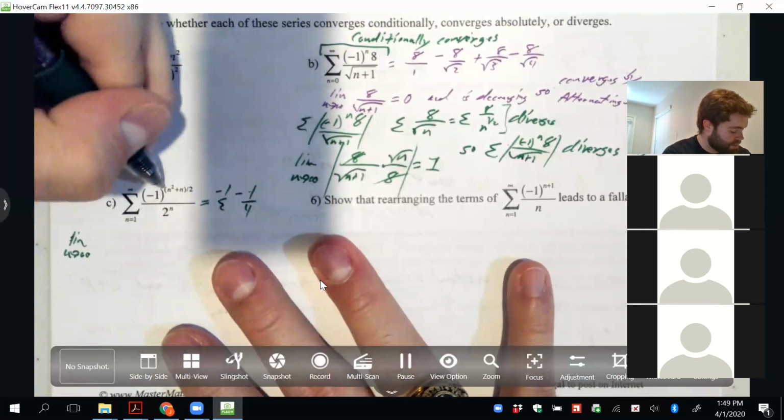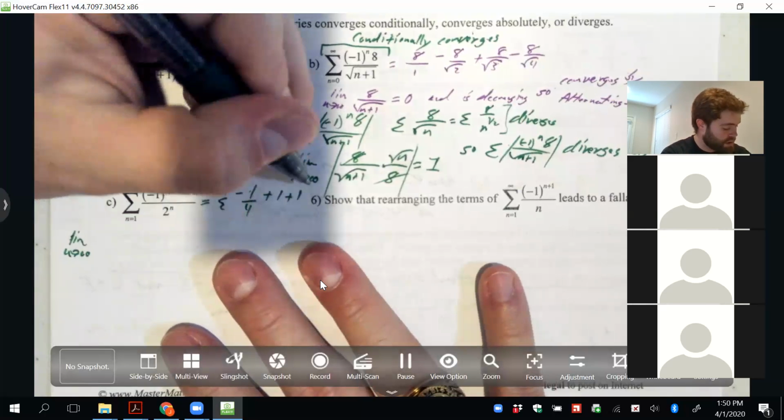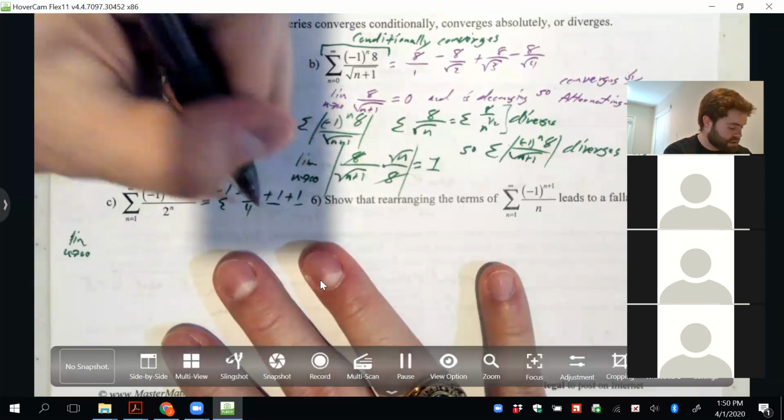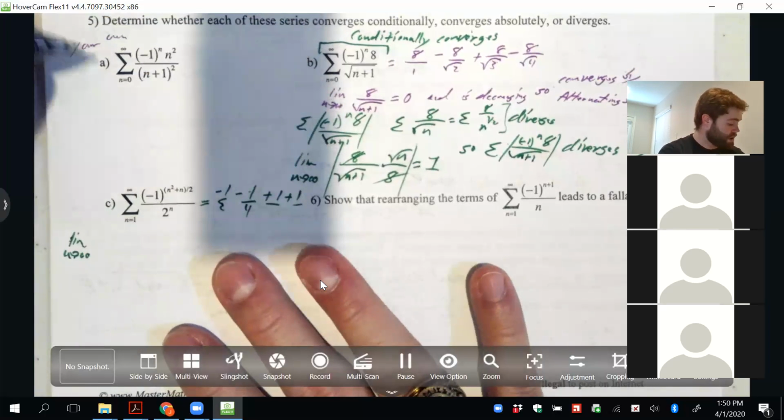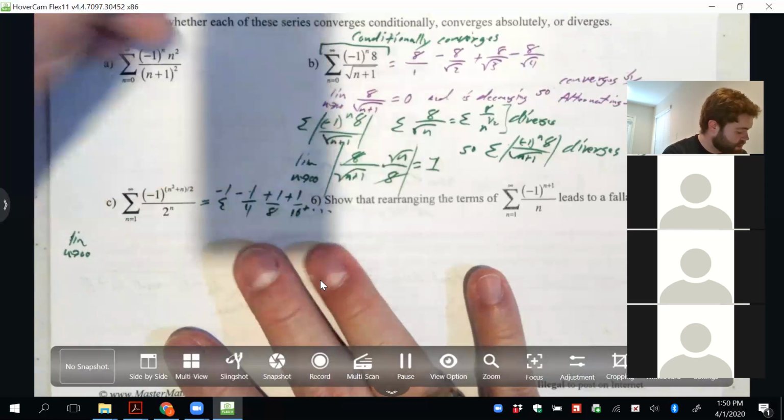But the next one is going to be positive, and then the one after that is positive, then negative, negative, positive, positive. So it is alternating, but it's just a little weird. And then that would be 8, and then 16, and so on.